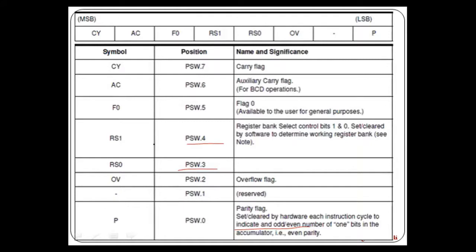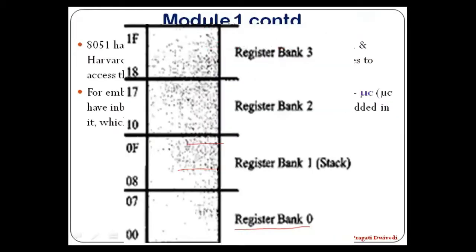You can either refer to them as RS1 and RS0, or they can even ask you as PSW.4 and PSW.3. So you should know what PSW.3 and PSW.4 are. For bank 0, both bits have to be 0 and 0. The alternate names are PSW.4 and PSW.3.